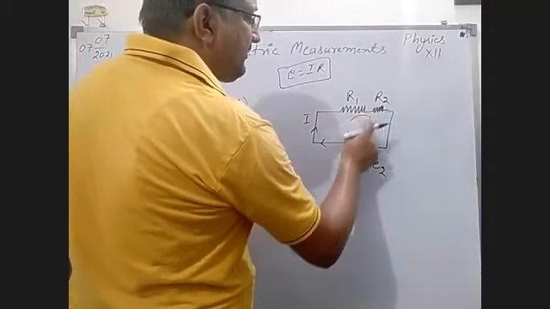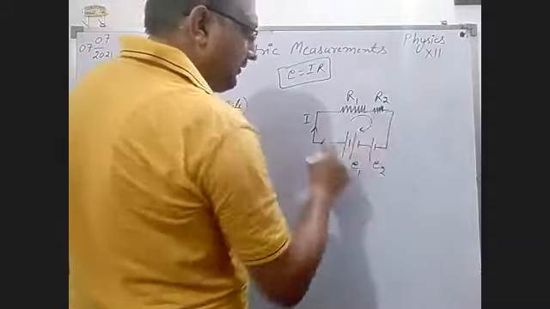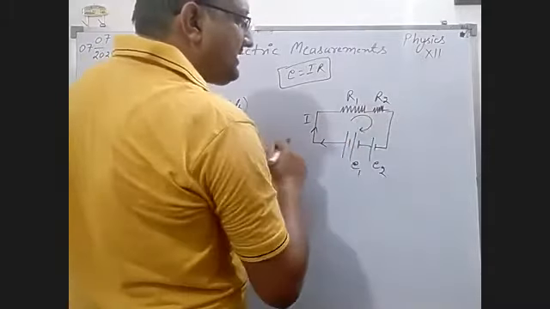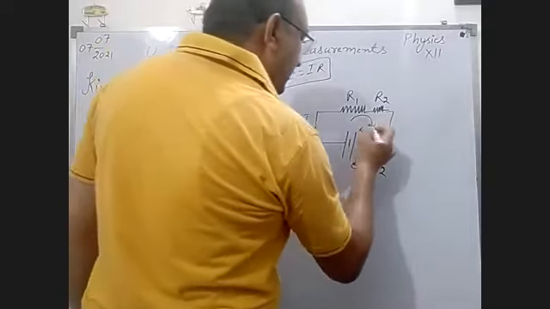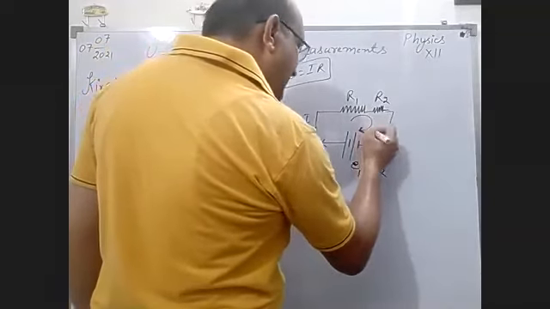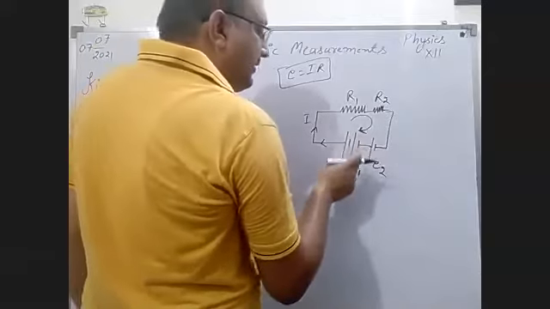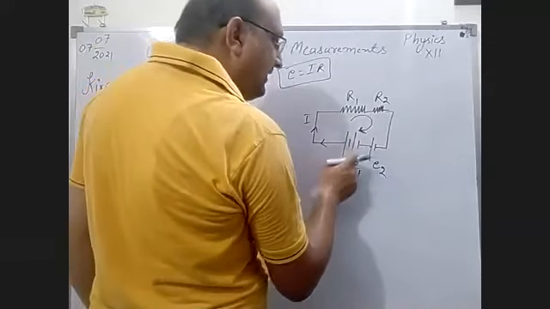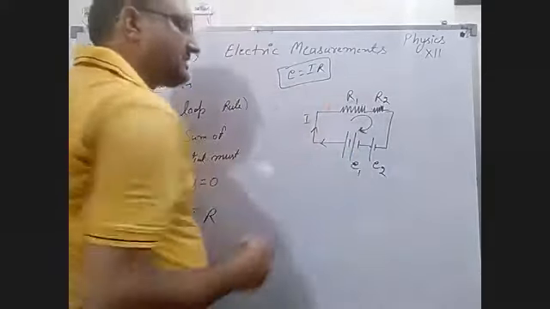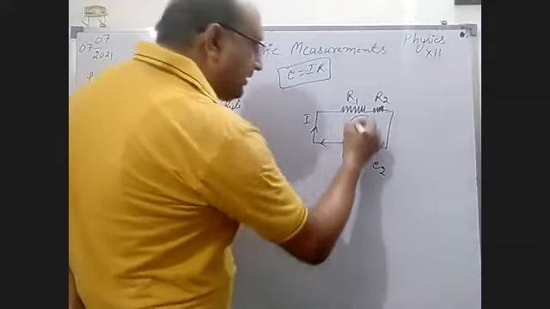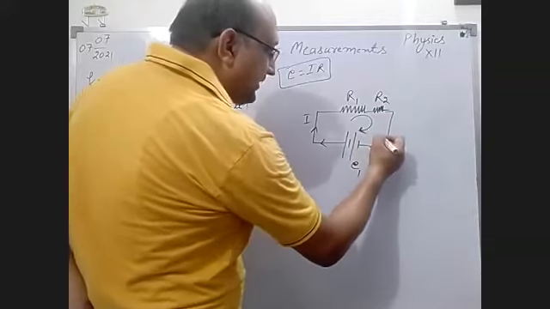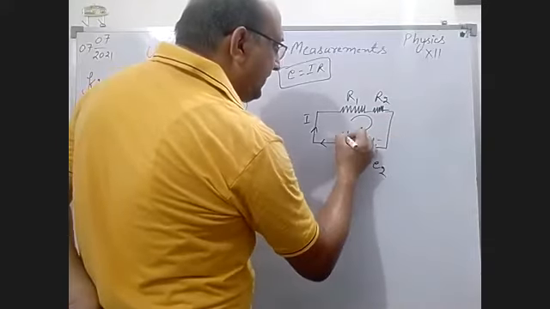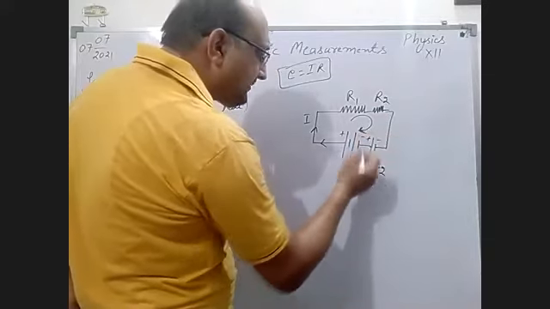Now here I am considering the direction clockwise. In clockwise direction, you have to take the sign of each battery and current resistances. Like this, loop rule, this clockwise direction gives you the direction of these EMF.